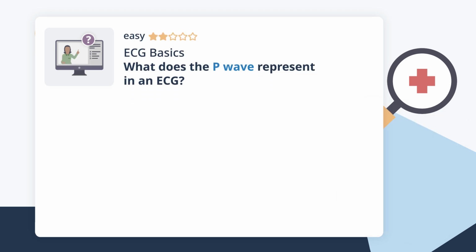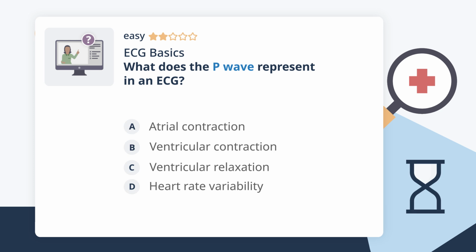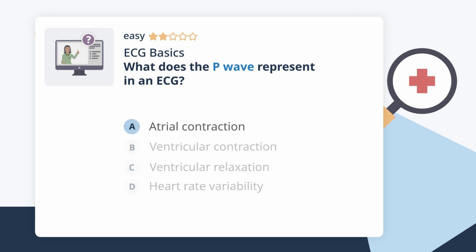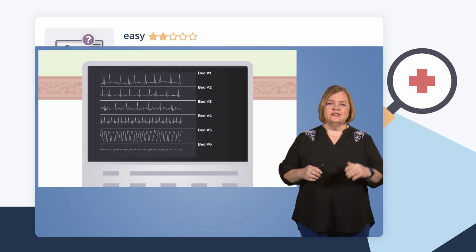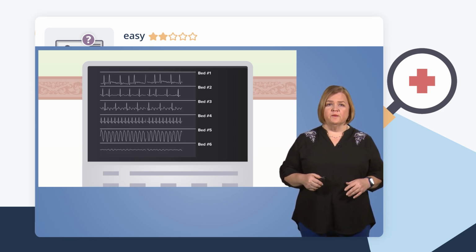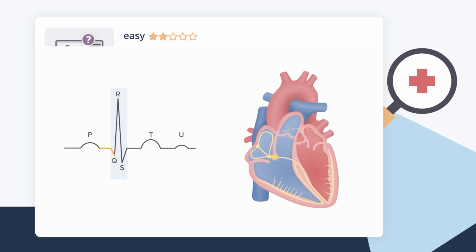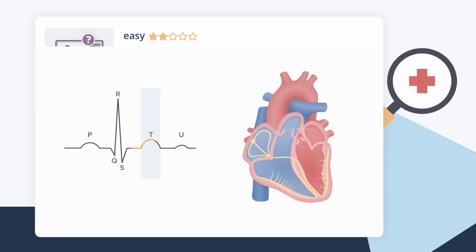What does the P wave represent in an ECG? Let's take a look at what are the basic components of an ECG strip. If you take a look at a classic ECG strip, you'll see that it's comprised of many curves. Now, each of these curves represents a part of the cardiac cycle.